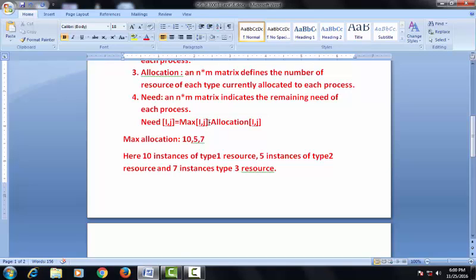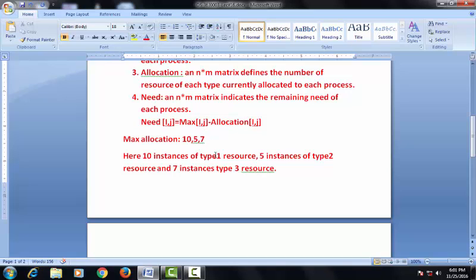So maximum resource and the allocation resource are subtracted and give the values of Need. If we have 4 processes, we can calculate the need of each process by subtracting allocation from maximum.